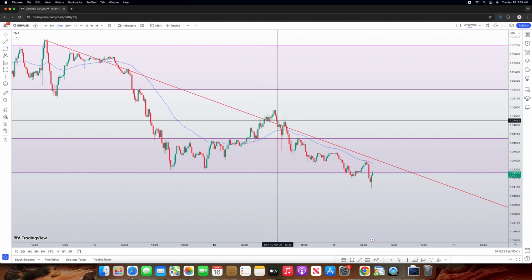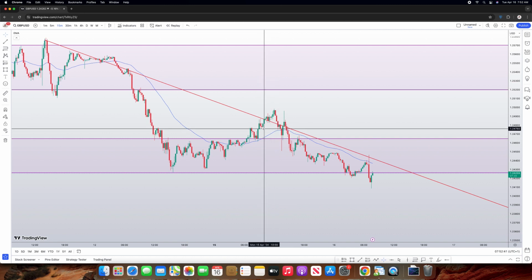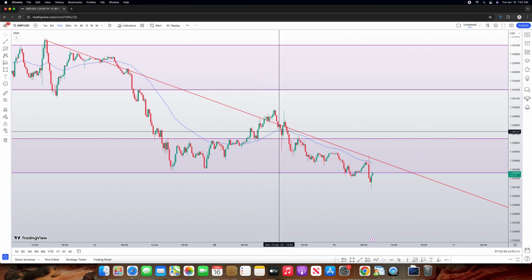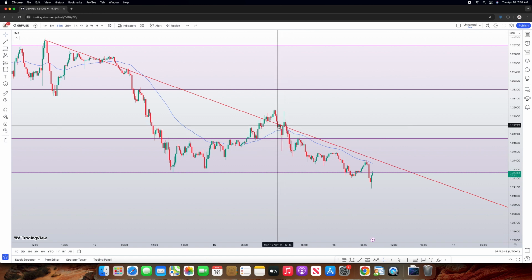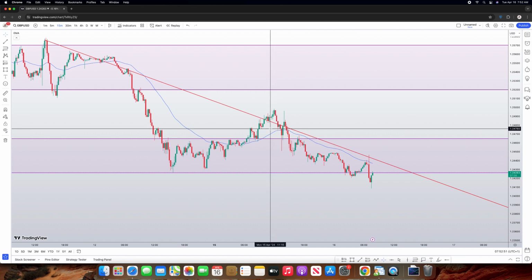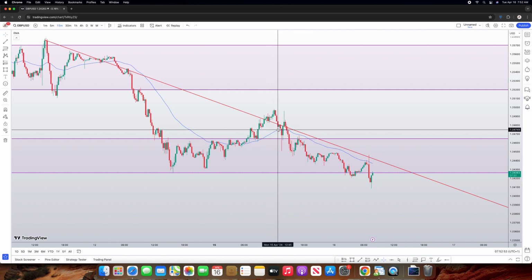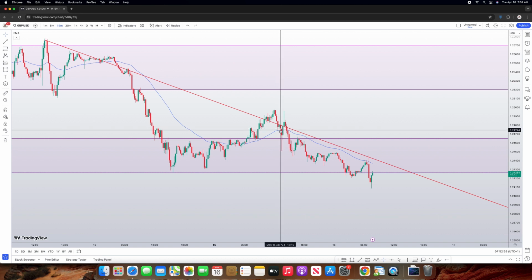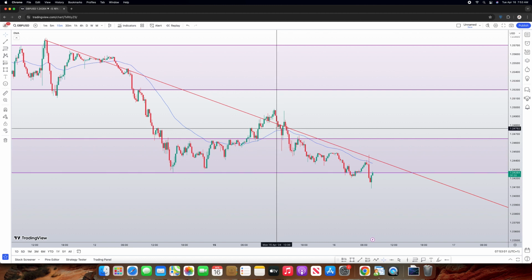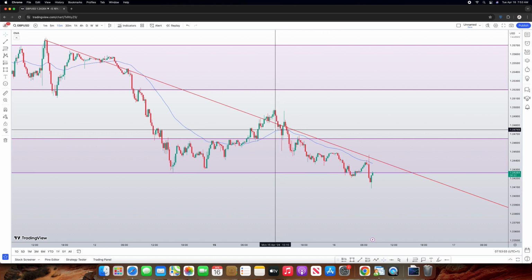So my thought was that if we break this lower low and break this 50 moving average as well and retest it, I will sell here. This one came and broke this, but it didn't break this one. It didn't close below it, it later rejected and closed above it.